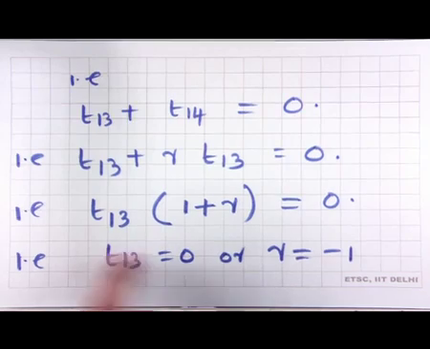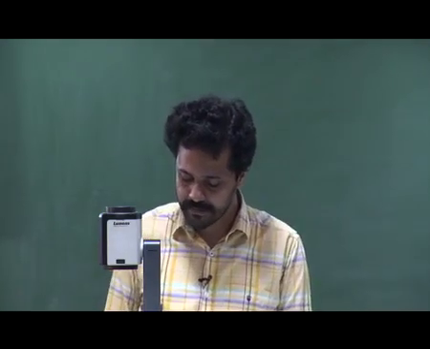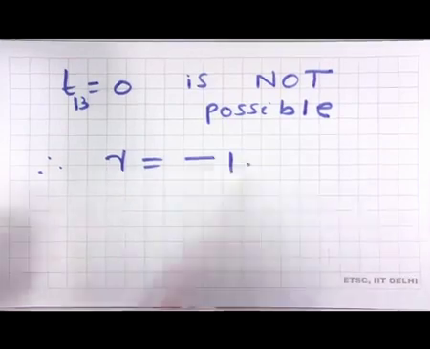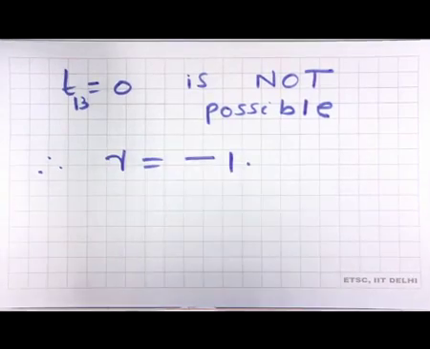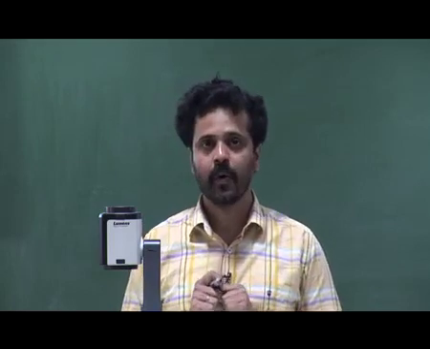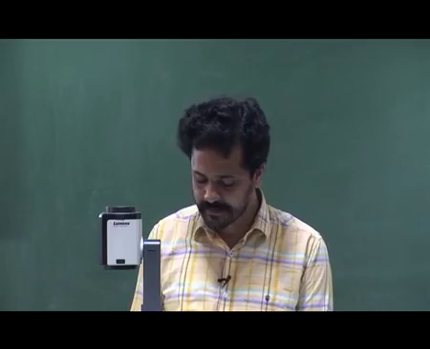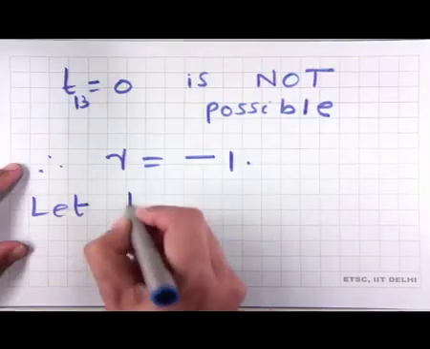Since T13 equal to 0 gives all terms to be 0, this case is ruled out and we are left with R equal to minus 1. Thus, we observe that the GP that we are concerned about has common ratio minus 1. Let the first term be A.